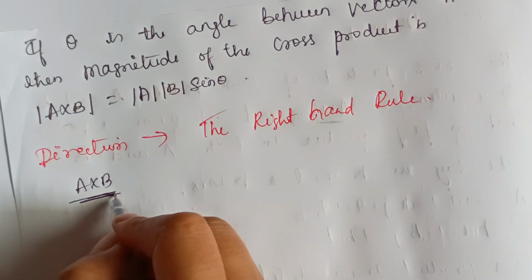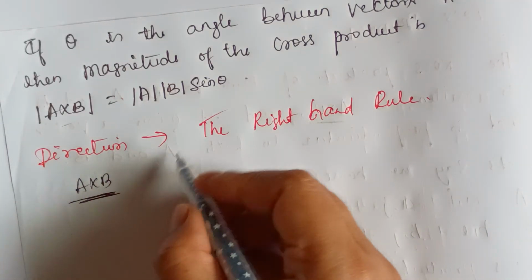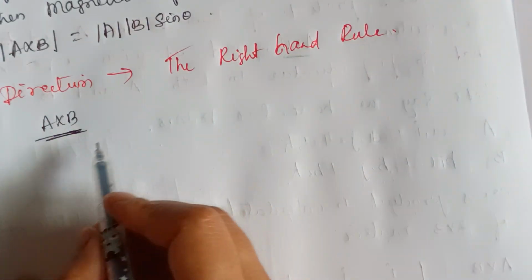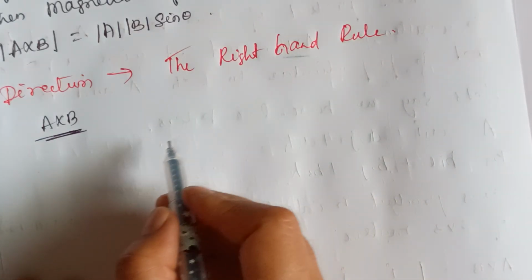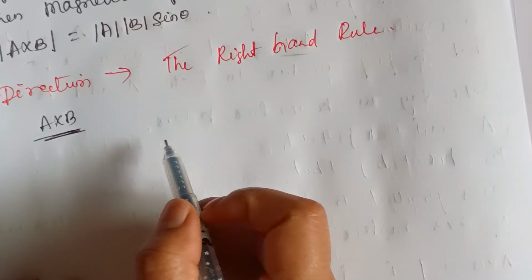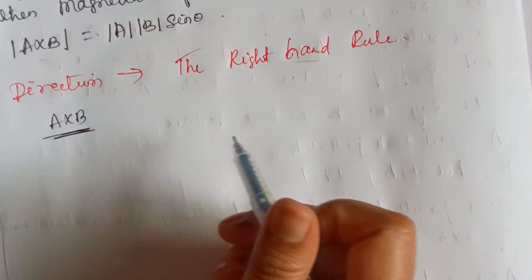This forms a new vector. So to find the direction of A cross B, use the right hand rule. Point your fingers in the direction of A, curl them towards B, and your thumb is the direction of A cross B.